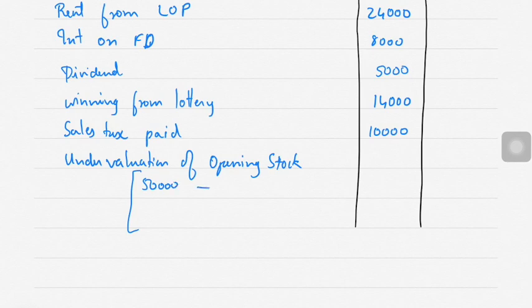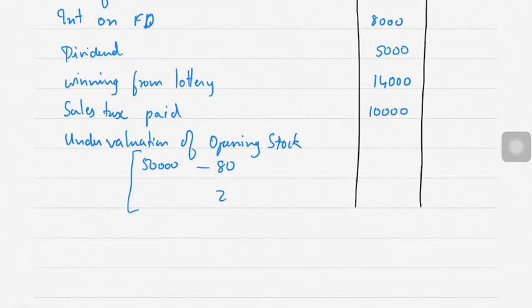So just show the calculation. If 50,000 is 80, how much is 100? Or you can do how much is 20. That is the difference only. So 20 would be 12,500.